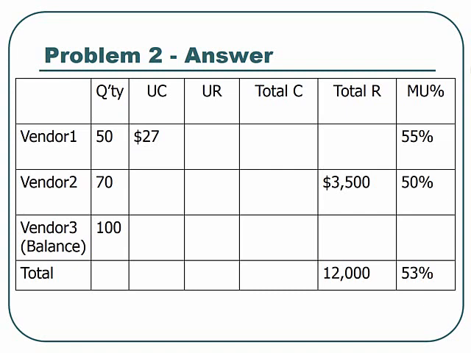From the first vendor, he purchased 50 pans at the unit cost of $27 with the markup percent of 55. So that was the first vendor's purchase. The purchase from the second vendor was 70 pans with the total retail value of $3,500 with a 50% markup. Those three pieces of information were given.